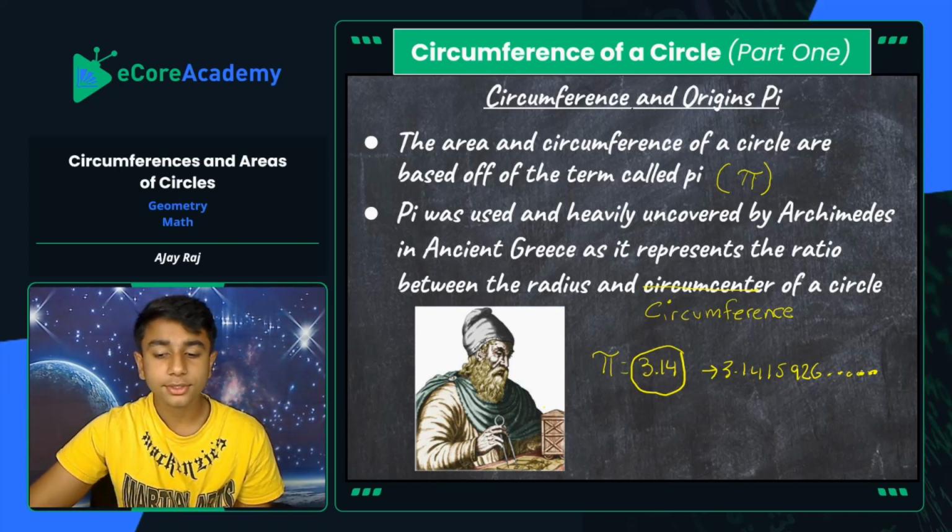Otherwise, you'd be asked to actually put it in terms of pi. So for example, if you're trying to multiply 5 and pi, you could just leave it in terms of pi, as 5 pi. That's the most accurate representation, but if you want an exact value, you would use this.